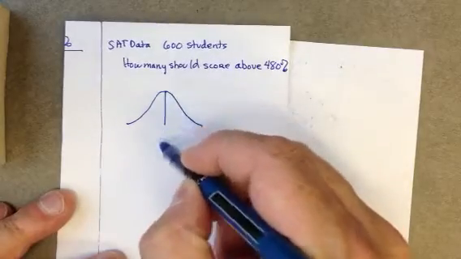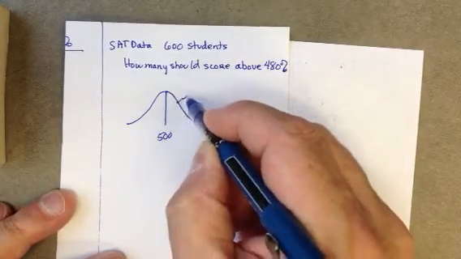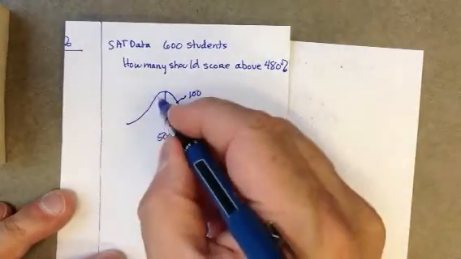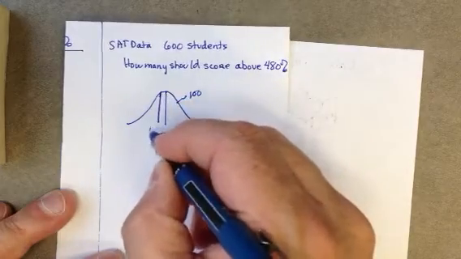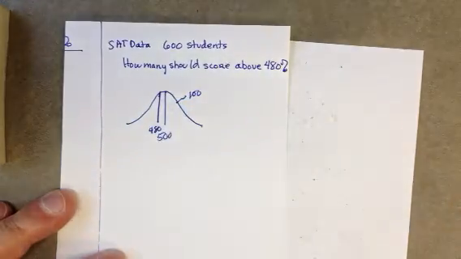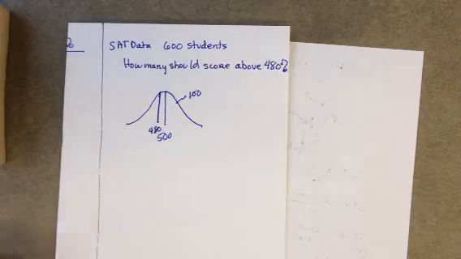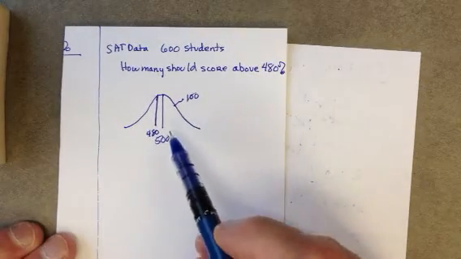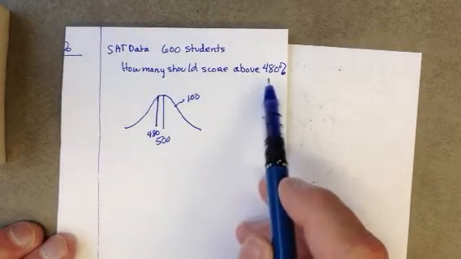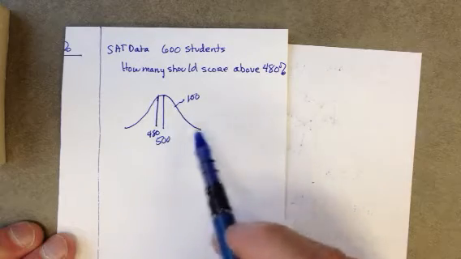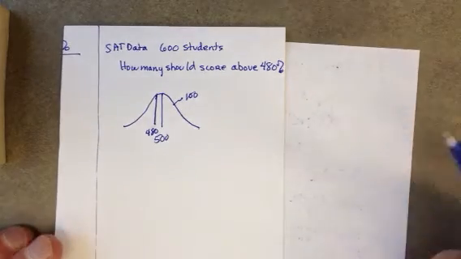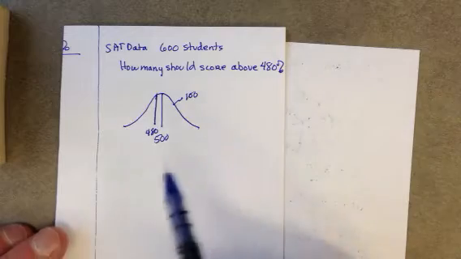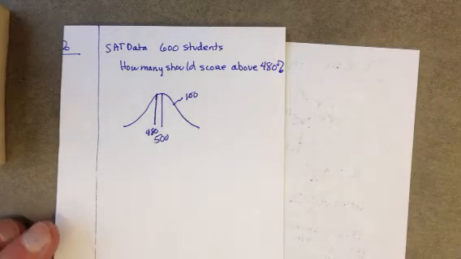I know that the mean for SAT is 500, standard deviation is 100, and we're at 480, which is pretty close to 500. So we would guess right off the jump, if we wanted to know how many were more than 480, we would guess a little bit more than 50%. We don't know exactly how much more. We're going to calculate that in just a second.